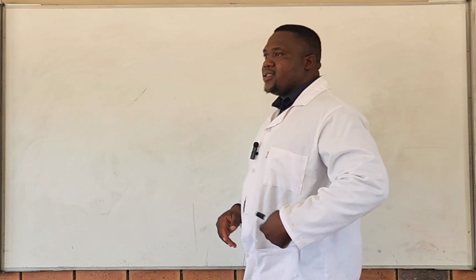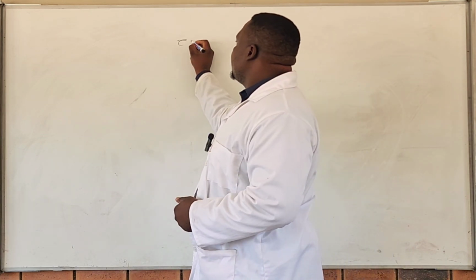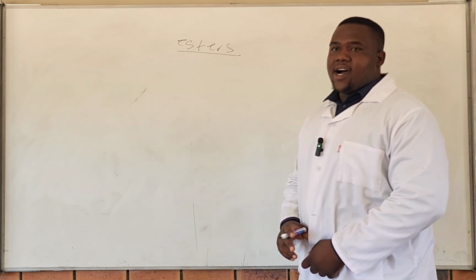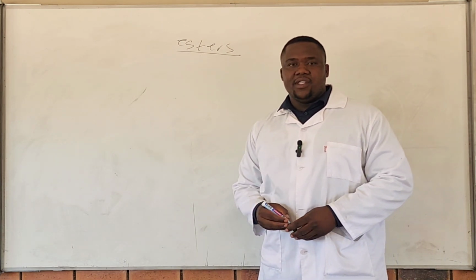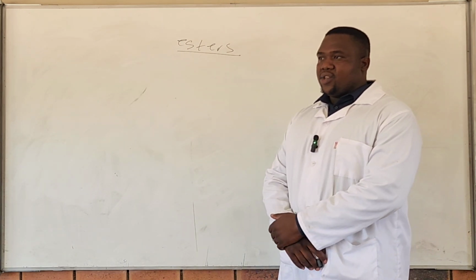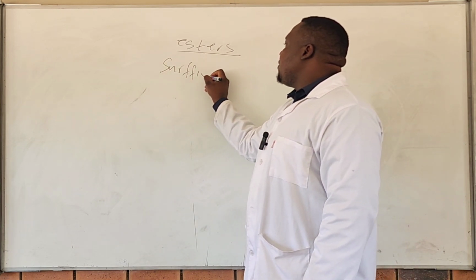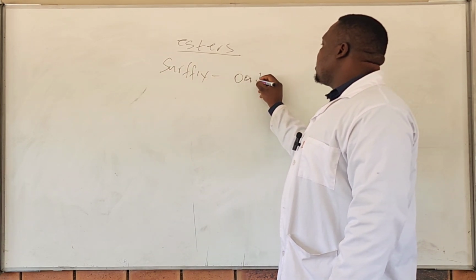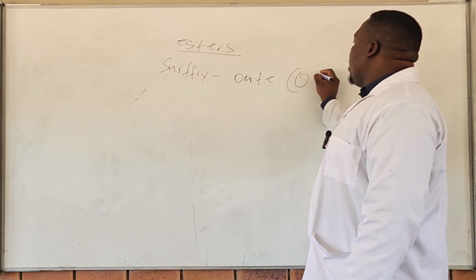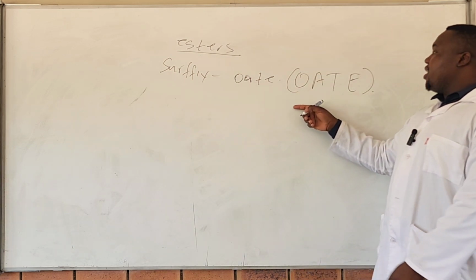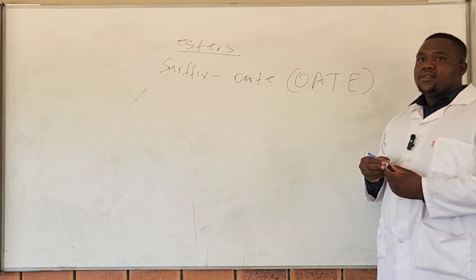we are starting esters. We are going to start from the suffix of esters. The suffix of an ester is -oate, O-A-T-E.